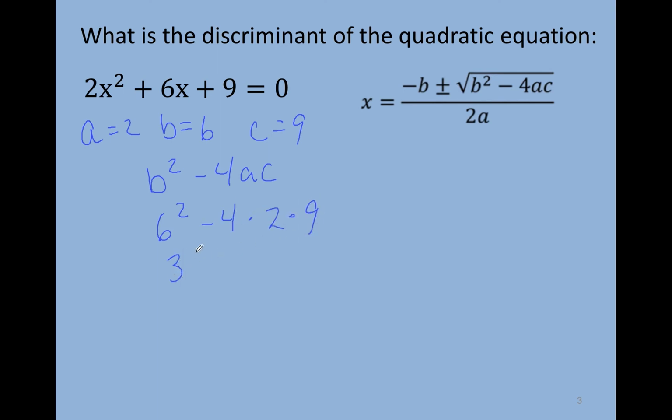So 36 minus 4 times 2 is 8. 8 times 9 is 72. 36 minus 72 is negative 36. So since we have a negative 36 underneath that radical sign here, that means there's going to be 2 imaginary solutions.